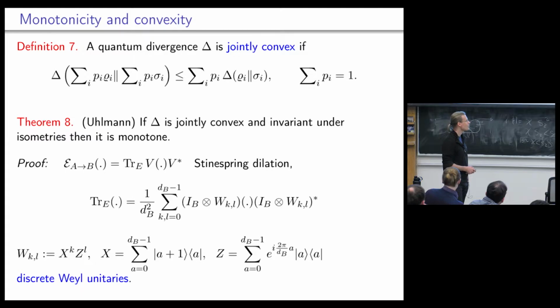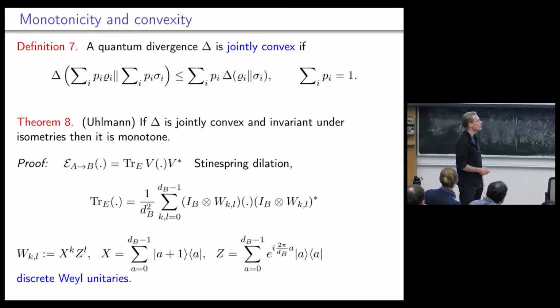Okay? And it turns out that joint convexity is more or less equivalent to monotonicity. Okay? And this is basically two classic results. The first part, I think, is due to Uhlmann. And the statement is that if we have a divergence that is jointly convex and invariant under isometries, then it has to be monotone. And the proof fits into this slide, because we can write this channel in this Stinespring dilation form.